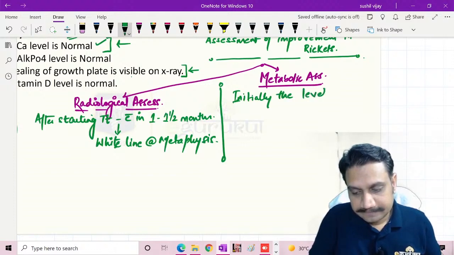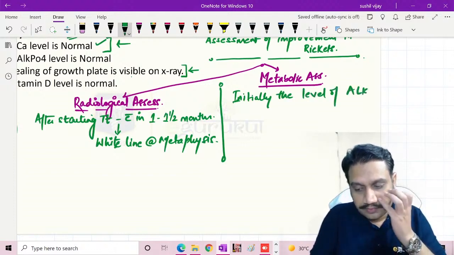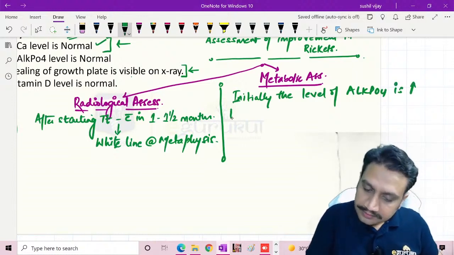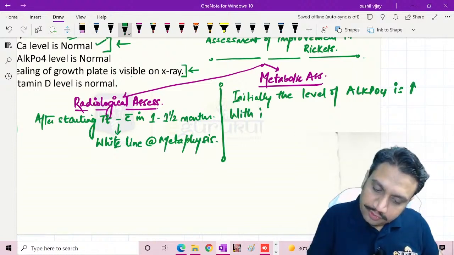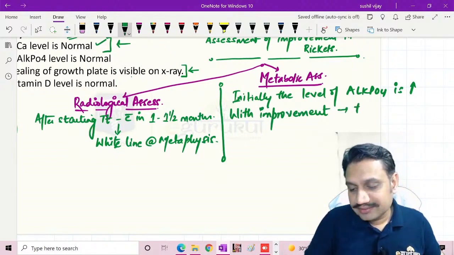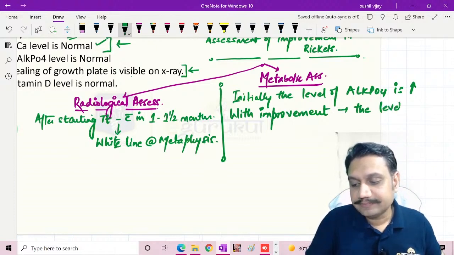Initially the level of alkaline phosphatase is high. With improvement, the levels gradually decline.